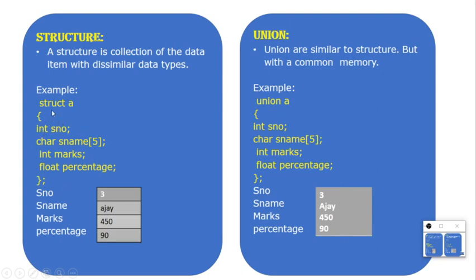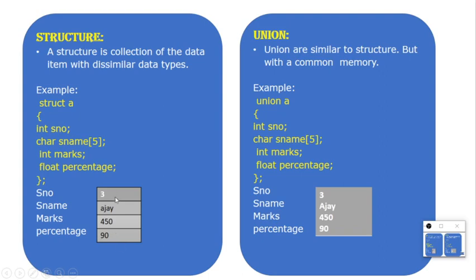The next difference is, struct is the keyword we use for a structure and union is the keyword we use for union, right? And the third difference is whichever is the highest memory. Suppose in the structure, int contains 2 bytes, character 1 byte each, again int 2 bytes, float 4 bytes.